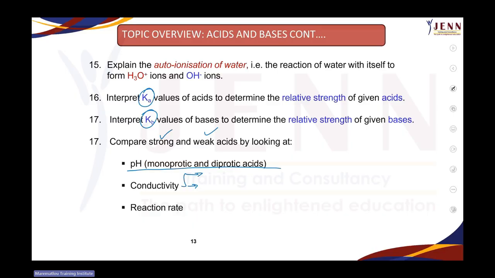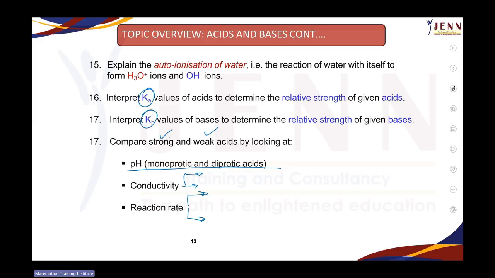So if a strong acid produces a high concentration, it has more particles, and more particles are able to interact with each other, giving a higher rate of reaction. Whereas a weak acid has fewer particles, so it will have a low rate of reaction. Strong will have a high rate of reaction, weak will have a low rate of reaction.